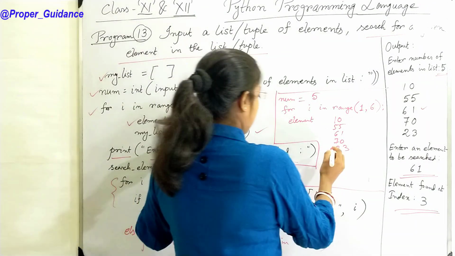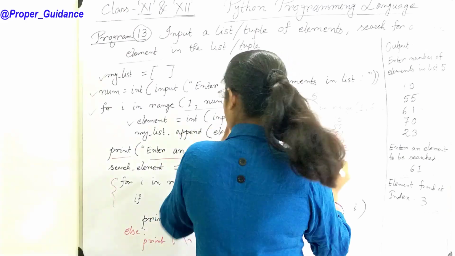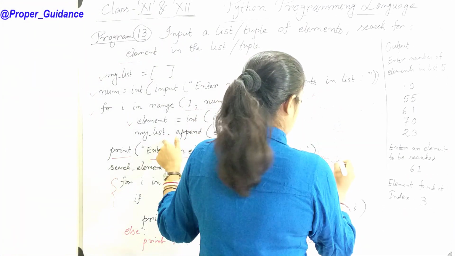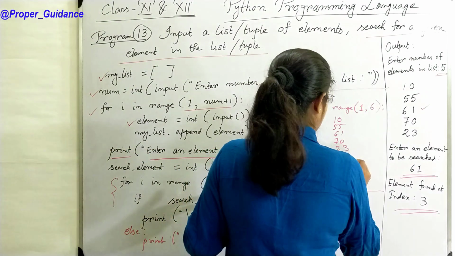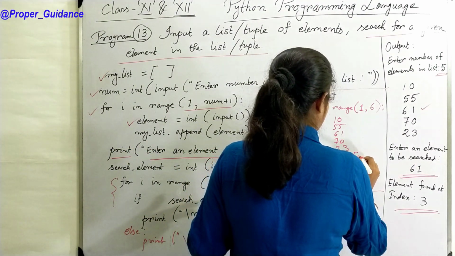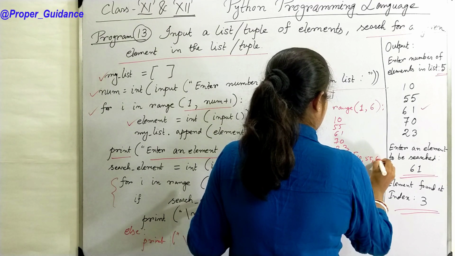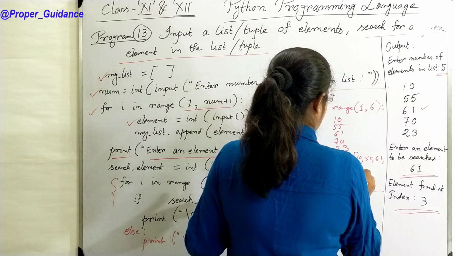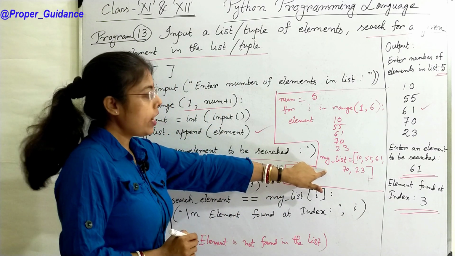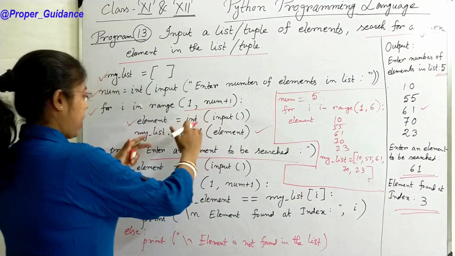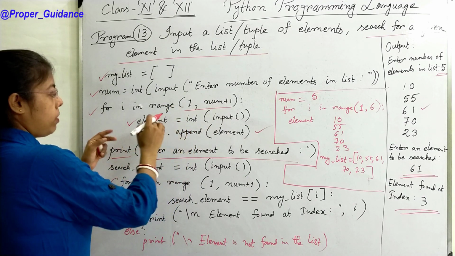So my list will look like 10, 55, 61, 70 and 23. This is my list. The elements will be appended in that particular list.